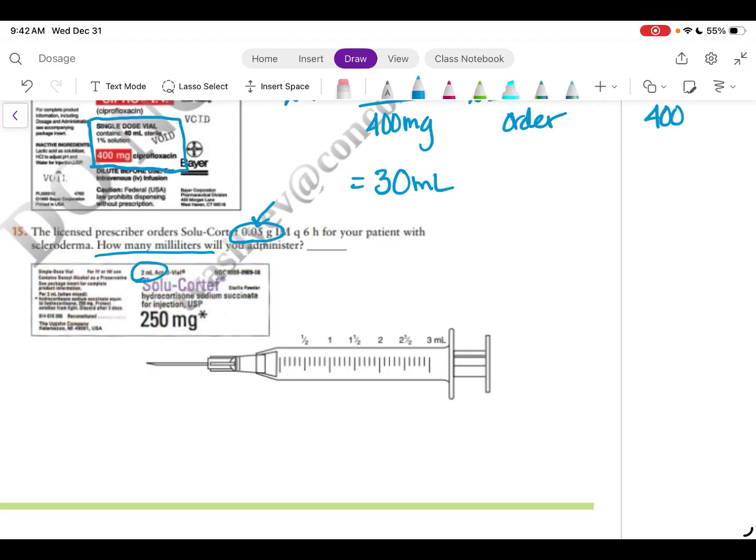So you have 2 milliliters, which are equal to 250 milligrams, right? So I don't know how that happened. X mL, right? I'm going to write 2 milliliters over 250 milligrams.